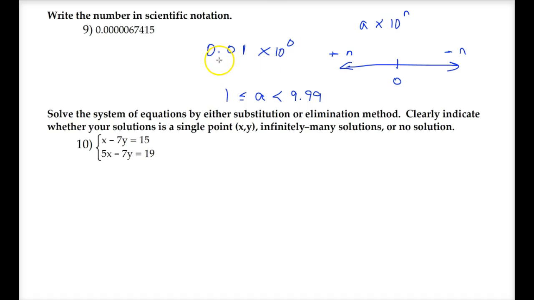However, whenever I move the decimal to the right 1 space, that is making our exponent here more negative. And of course, if we move it again, then it's going to make it even more negative.